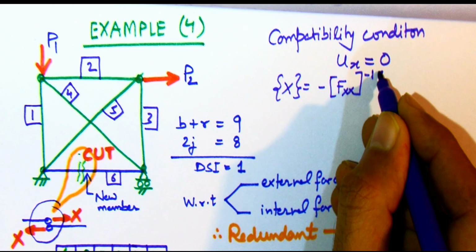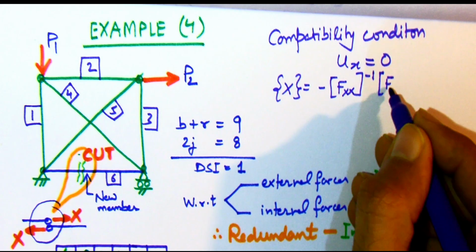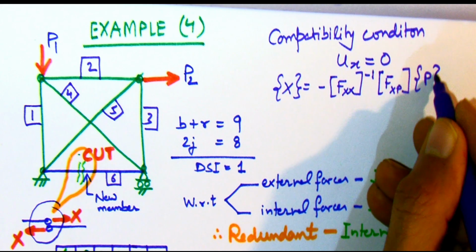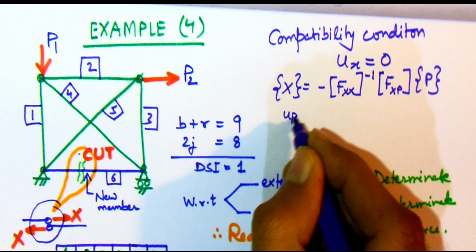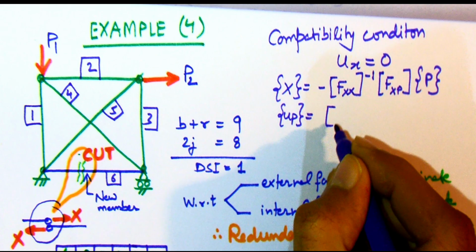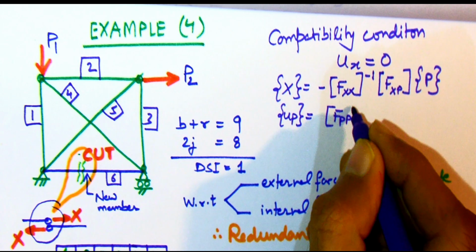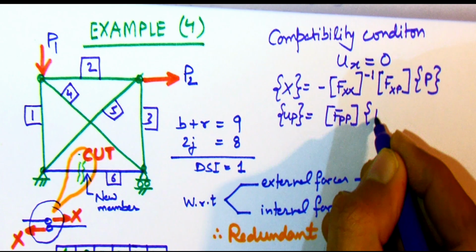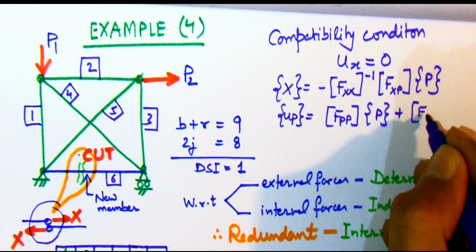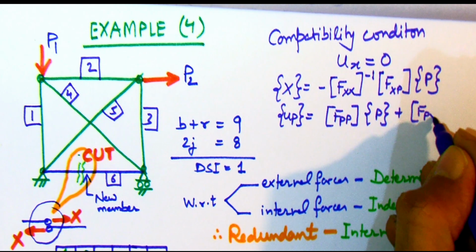Finally these two cut points are one and the same. So the compatibility condition is that the relative displacement between the two cut points, which is ux, should be 0. Based on this condition we can obtain x directly as shown, and after this we can obtain up also.